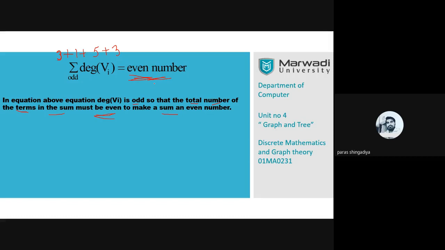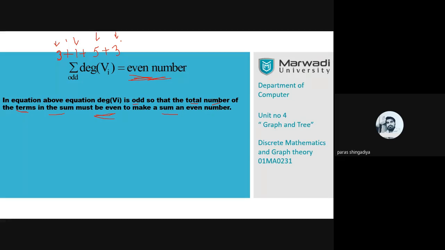So 12 is an even number. And now check the count. That is the first vertex, second vertex, third vertex, and fourth vertex. The total quantity here is even, and therefore it makes the answer an even number.